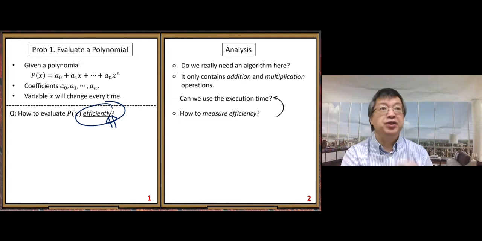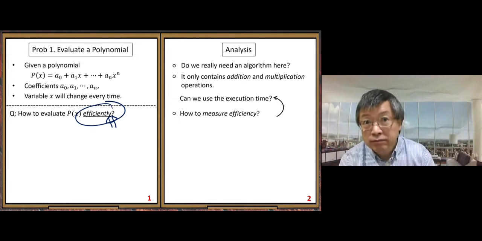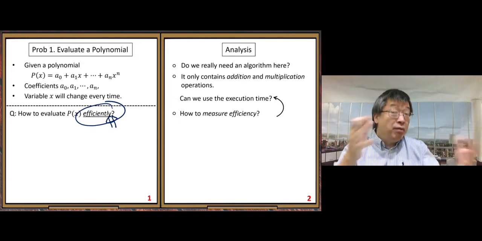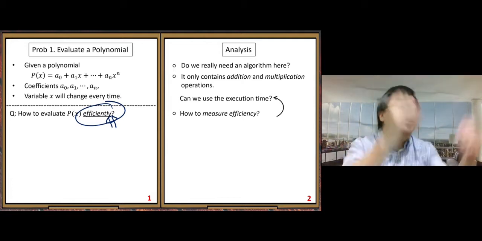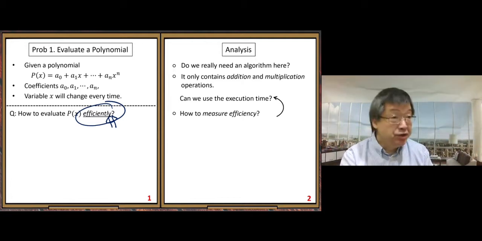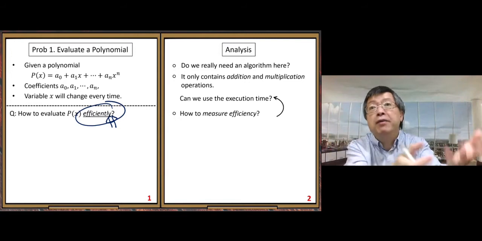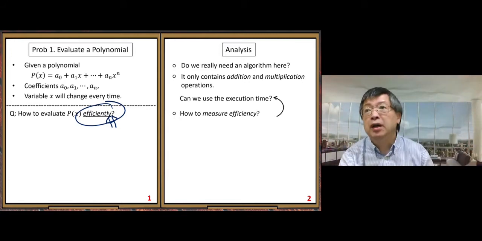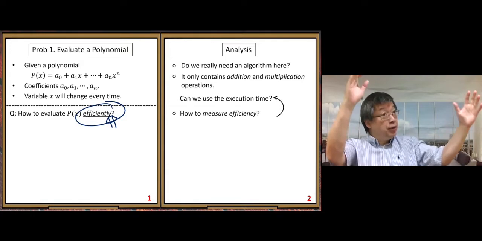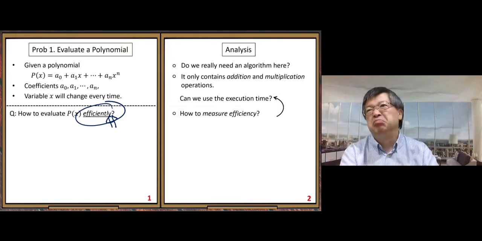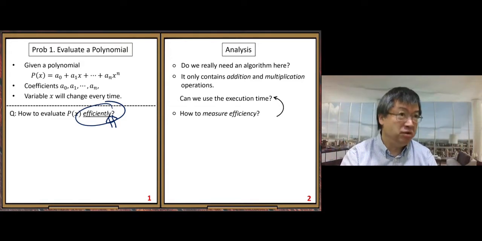Why? The reason is very simple. Think about it. When you run a program, what computer do you use? Do you use a powerful computer or a low-end, very slow computer, right? Do you use a supercomputer or do you use a 10 years old computer?